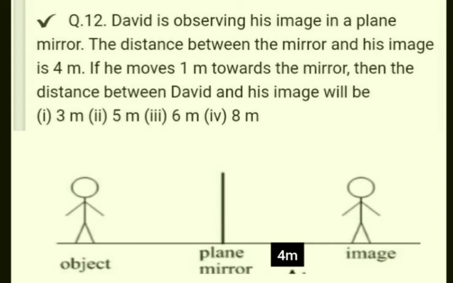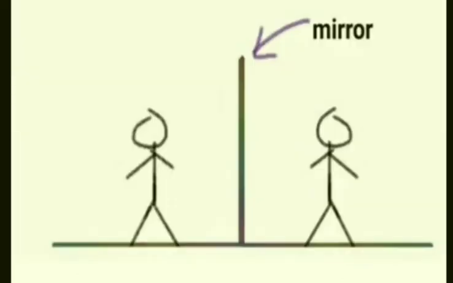Later, the mirror is still at the same position, but now David moves 1 meter towards the mirror. So now David is here, closer to the mirror, and his image is formed here.